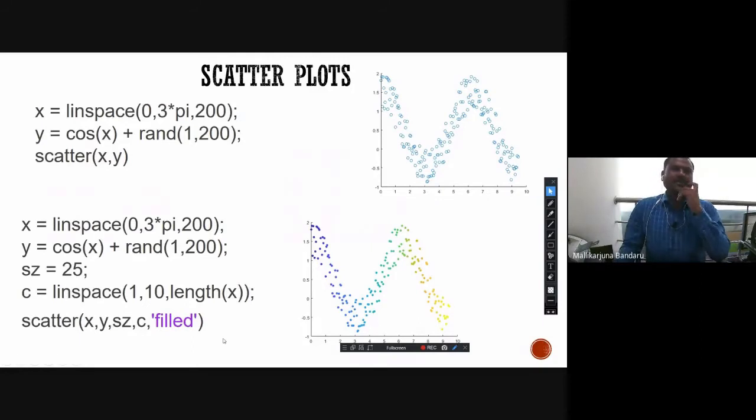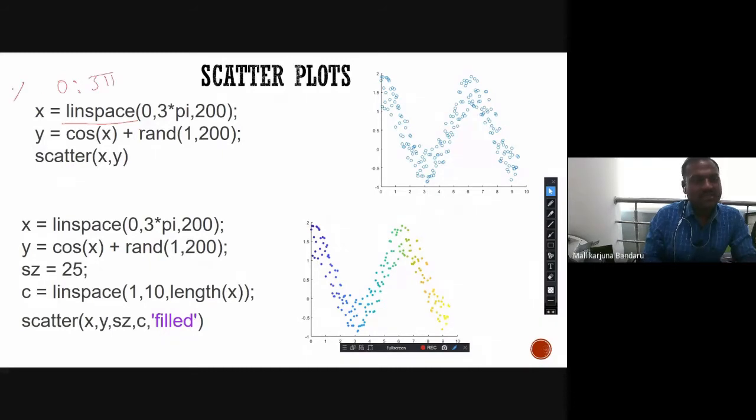Next is the scatter plot. That means at every data point we have to visualize a dot or something else. That is nothing but the scatter plot. See here what the syntaxes are. Linspace: usually this is actually 0 to 3 pi, right? You can write x is equal to 0 to 3 pi actually, like this.